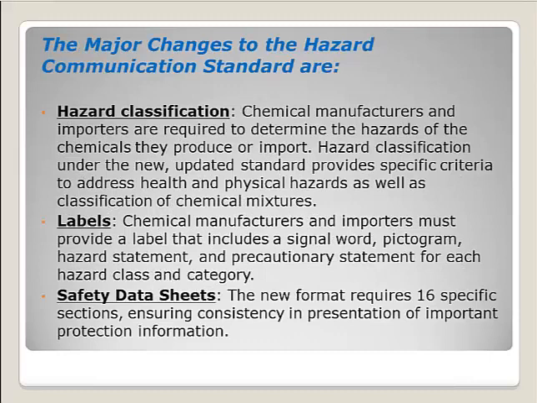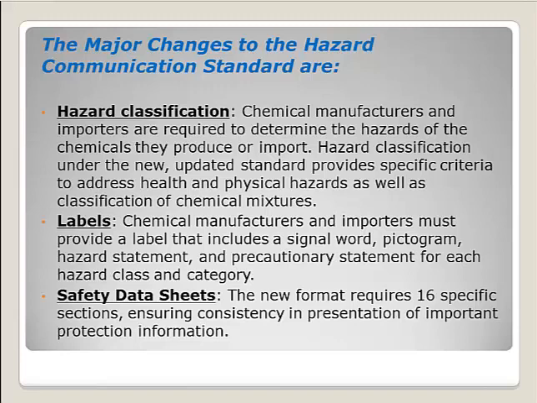Other major changes: hazard classification. Chemical manufacturers and importers are required to determine the hazards of the chemicals they produce or import. Hazard classification under the updated standard provides specific criteria to address health and physical hazards, as well as classification of chemical mixtures.